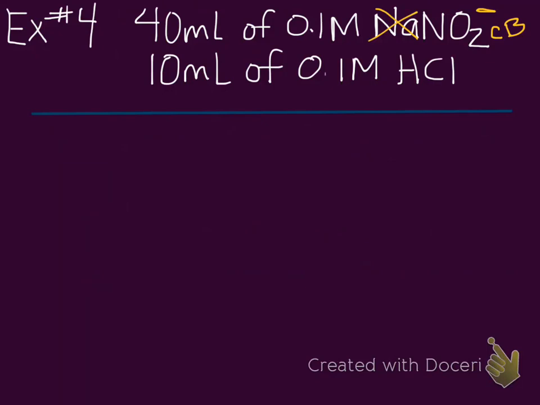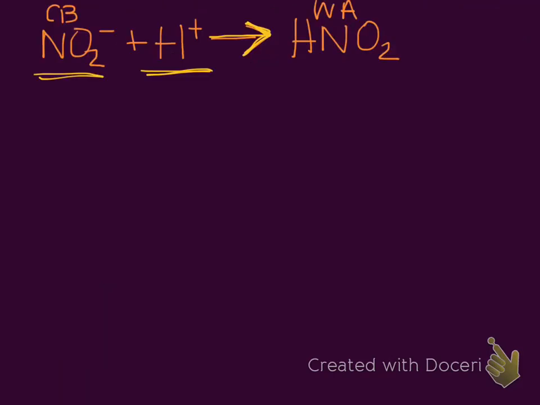We do not know the Kb value for NO2 minus. There's no chart that would tell us that. So in order to get the Kb, we would have to convert it from the Ka. So I think it's a lot easier, since you have, in the end, the conjugate base and you have the weak acid, so you have both anyways, just to go ahead and use the pH version with the Ka.